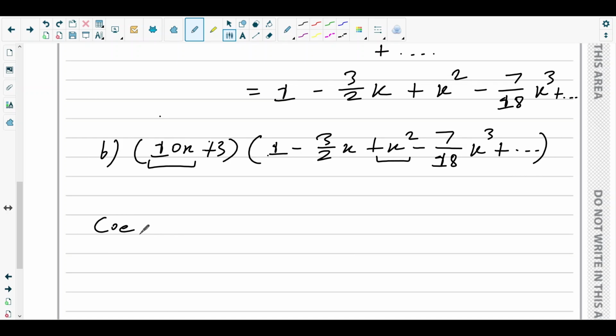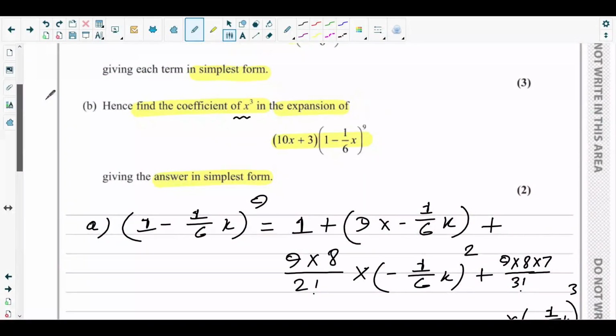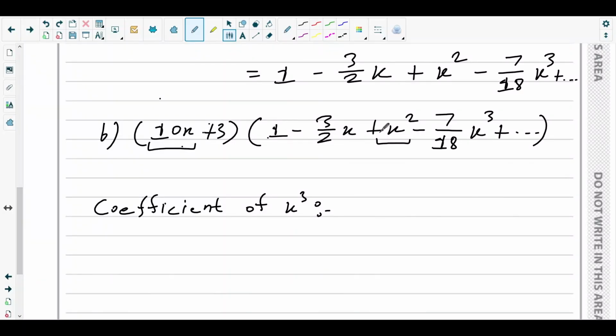So the coefficient from that is 10. So we got 10 as a coefficient of x cubed.